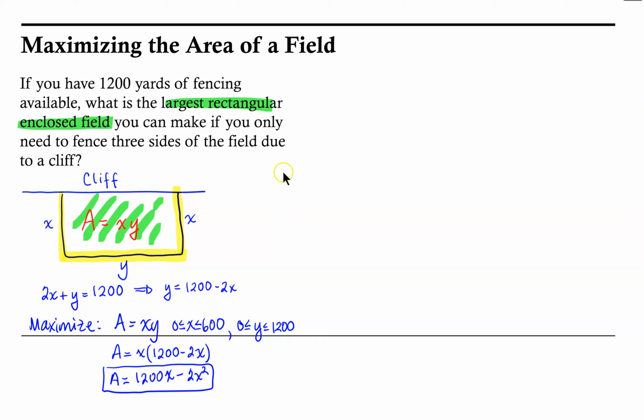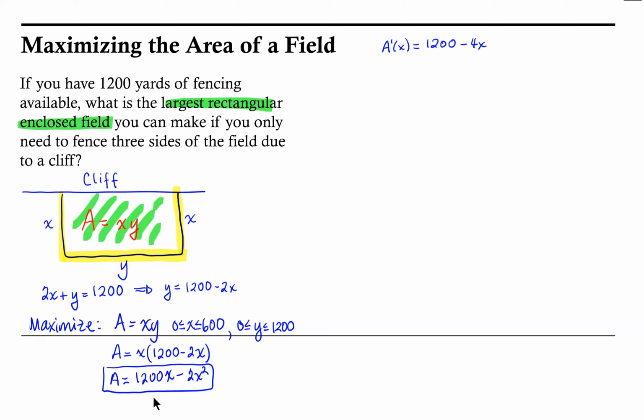Okay, so now let's look at maximizing our area. We'll start by finding the derivative. So A prime of x is equal to 1200 minus 4x. And now we need to identify critical points.